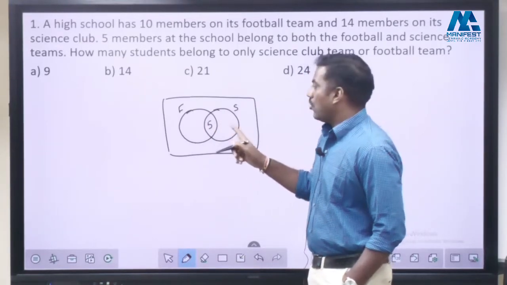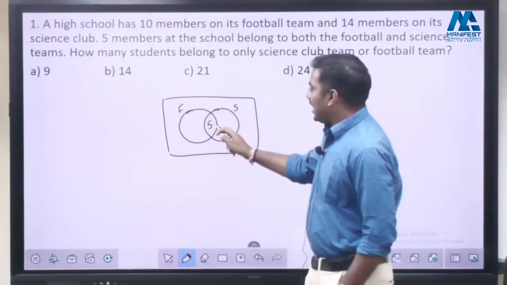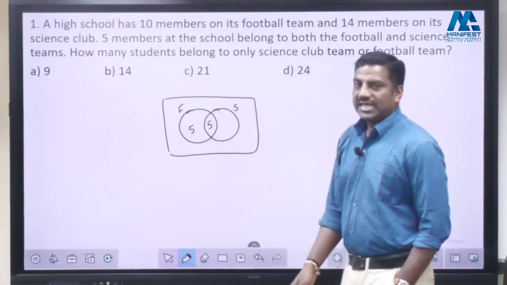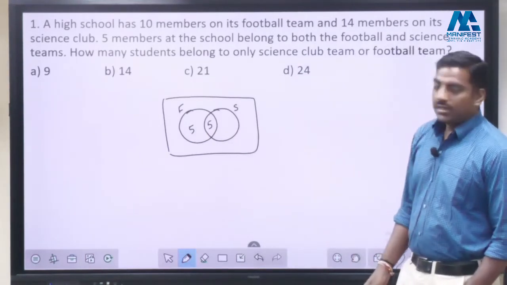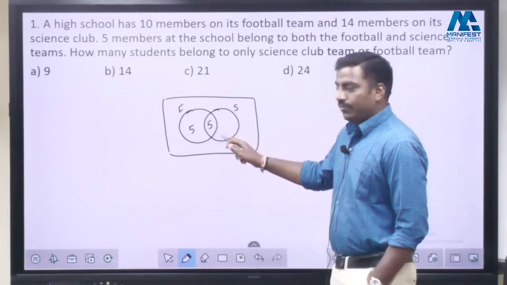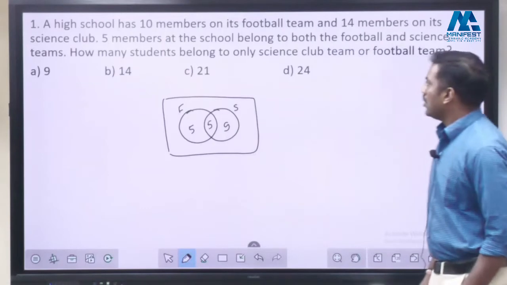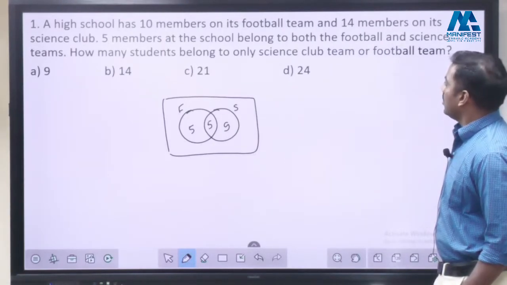Done? Now, football team, totally how many? 10. 5 is already filled. So, 5 here. Science club, how many? 14, right? So, already 5 is filled. Now, count all. 19.